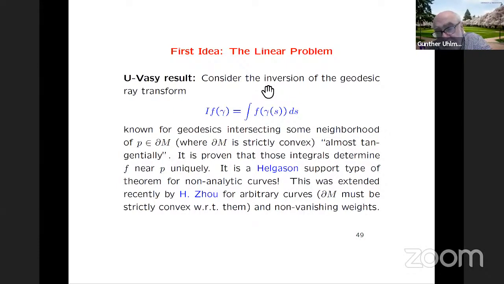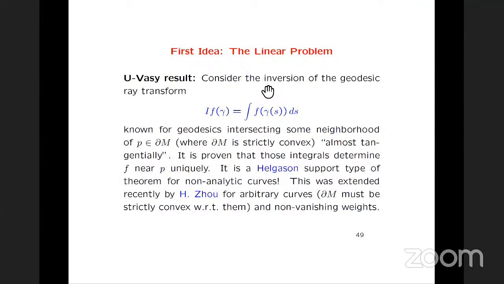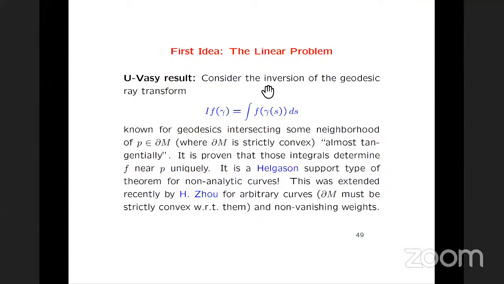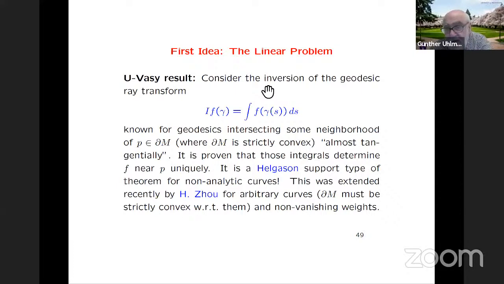In 2 dimensions, the expectation is that for geodesics, it will be true. It might not be true in general, because there are these counterexamples of Bowman. But for geodesics, I believe it will be true. Does that answer your question? Okay, yeah. So it's a much more delicate issue in 2 dimensions.